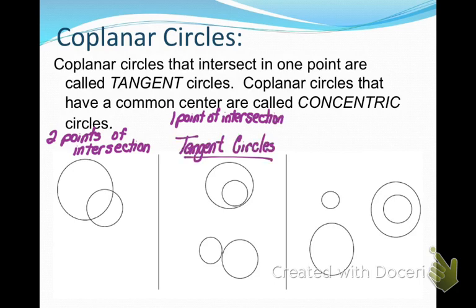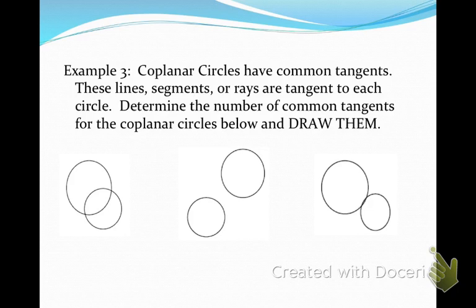If coplanar circles, that are circles on the same plane, intersect at one point, they are called tangent circles. So on your graph, make sure and put a little star by tangent circles, because they touch at one point. If they don't have any points of intersection, they might be what is called concentric circles.